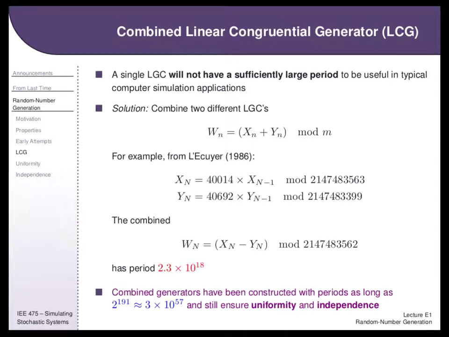And just as an example of that, there are combined generators now that you can find on computer systems like these that have periods that are like 3 times 10 to the 57th. And so they're finally at the point where you can be pretty confident you run your simulation for a week and you're not, imagine the horror of that.